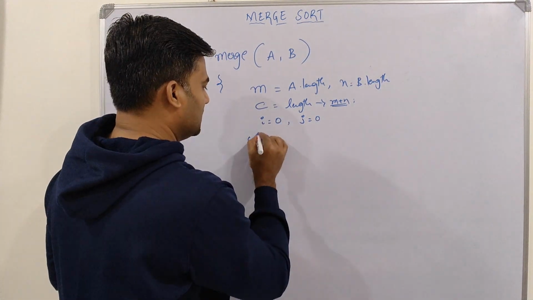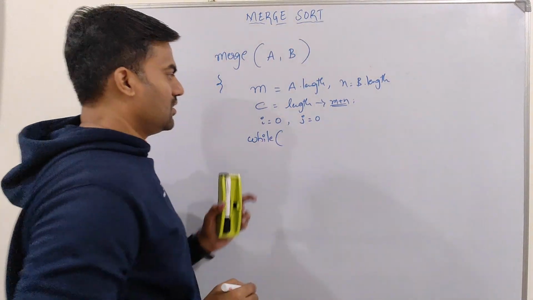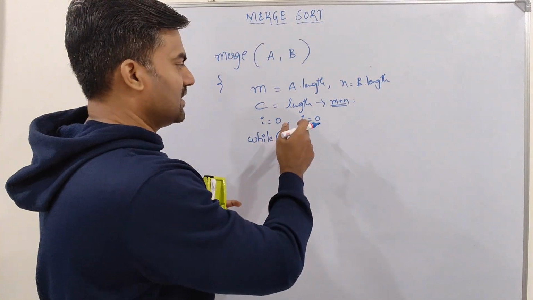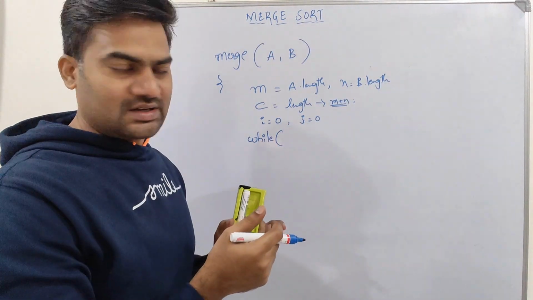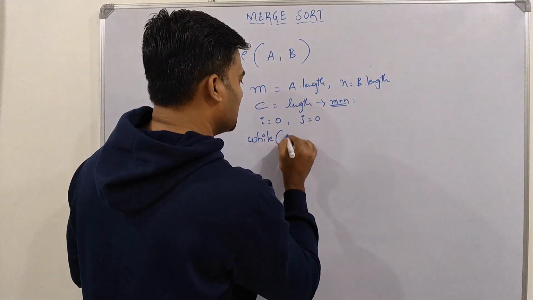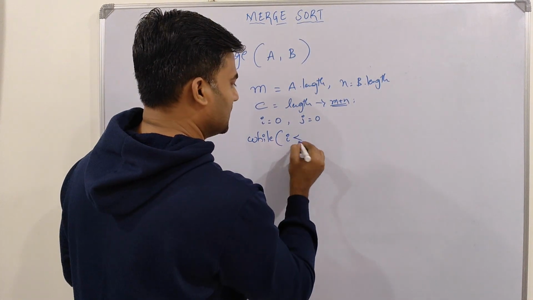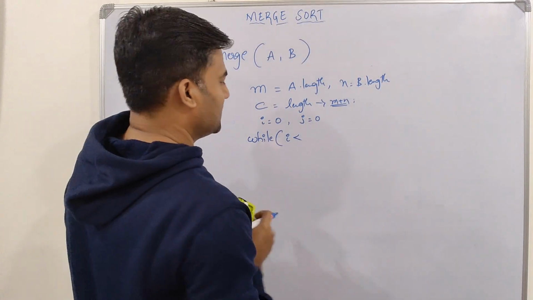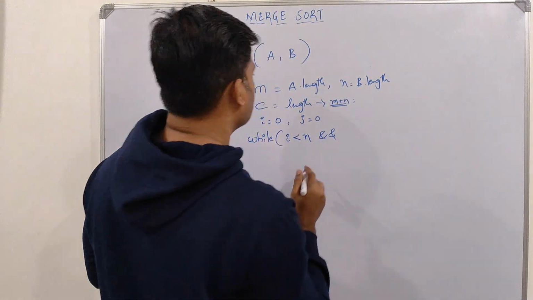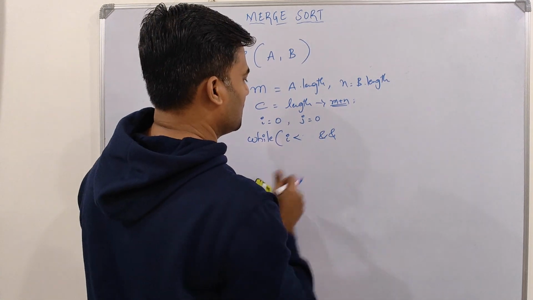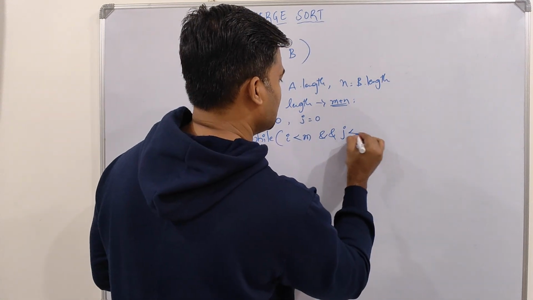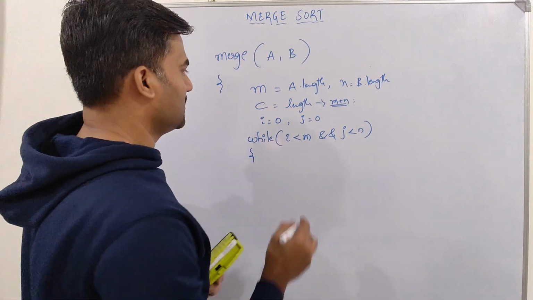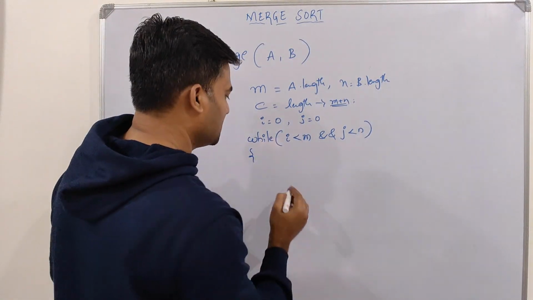Now while, we need to iterate until either I gets exhausted or j gets exhausted. So while I is less than m and j is less than n, we will compare both the elements at I and j.